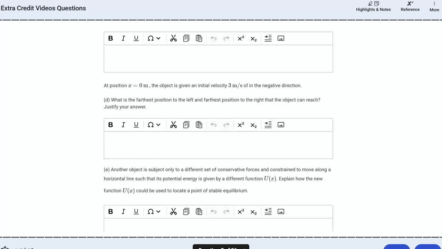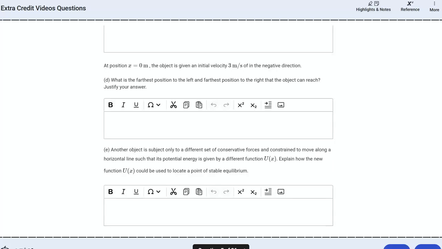And finally, for question E, this is one I was kind of confused on, and I used something Mr. Scopetis told me to do. He's like, consult ChatGPT if you're confused, as it's super helpful. So I asked it, how would you use a potential energy and displacement function to locate a point of stable equilibrium?